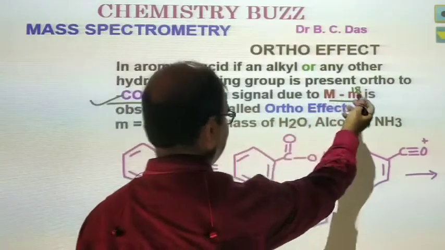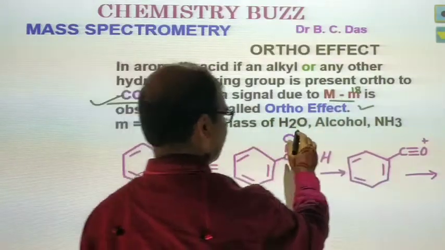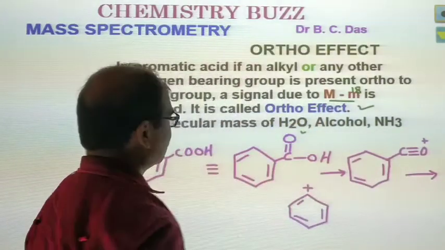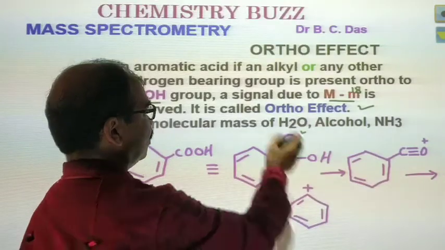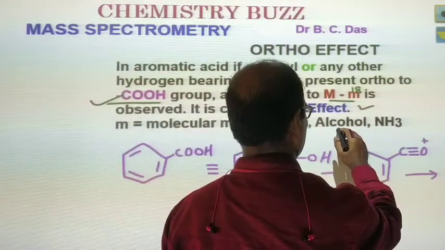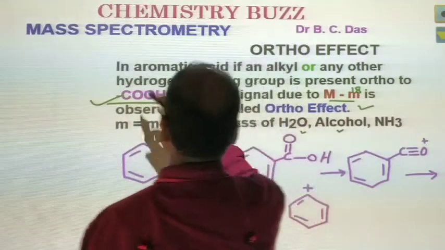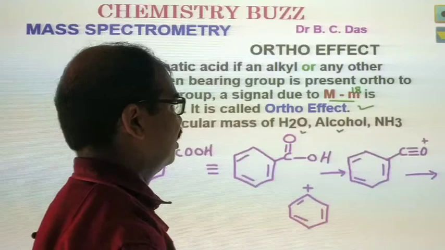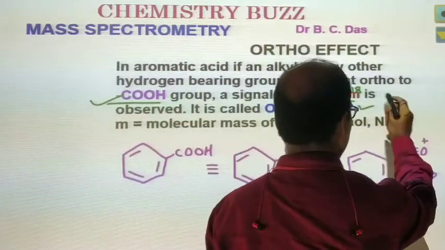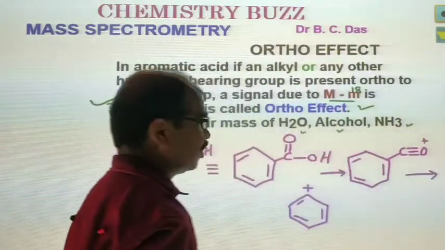So this N may be the molecular mass of water in case of an acid, or the molecular mass of alcohol in case of an ester, and if this is an amide, then the molecular mass of ammonia.